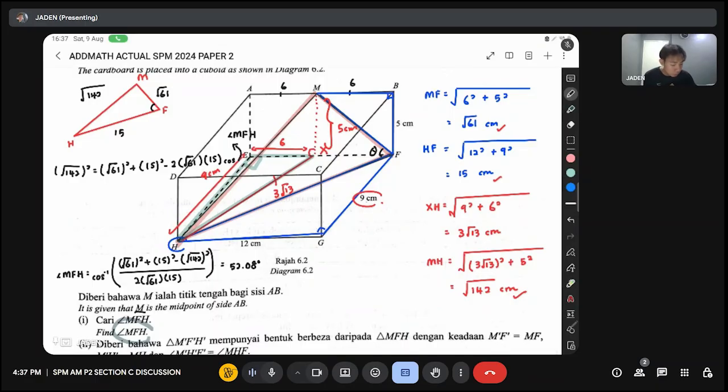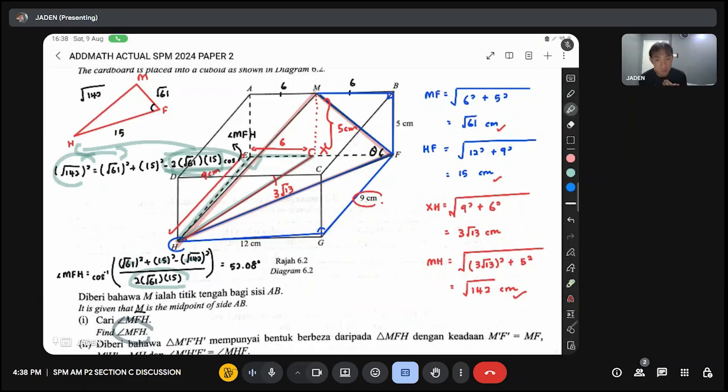Okay, so how do I do this is that I move this -2√61×15 thing to the left, and then I move this to the right. So that is how (√61)² plus 15² minus (√142)², divided by 2 times √61 and 15 comes about, because when I move this to the left, eventually I have to move the 2√61 and 15 to the other side bottom.